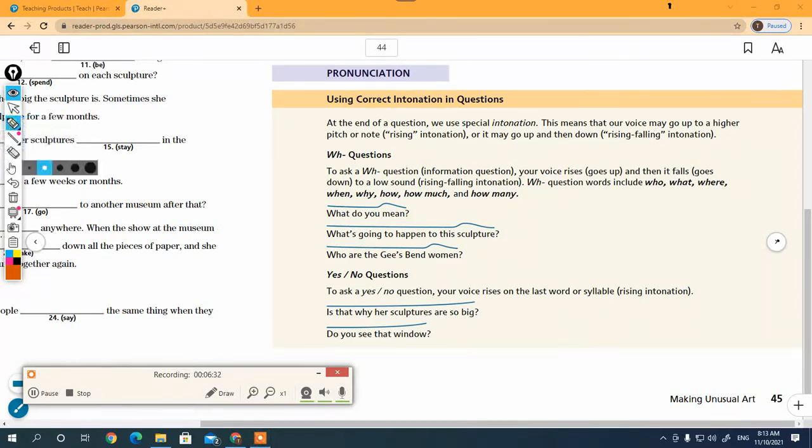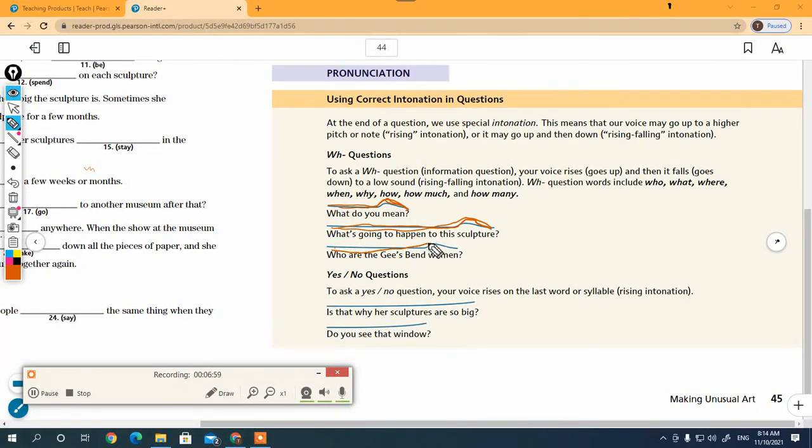Okay, and I'll see if I can trace the line. What do you mean? What's going to happen to this sculpture?